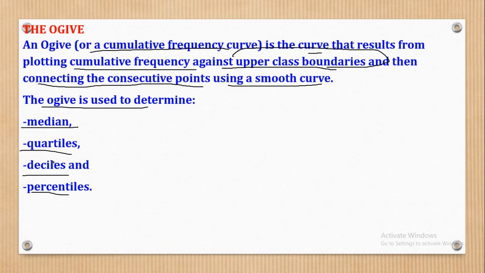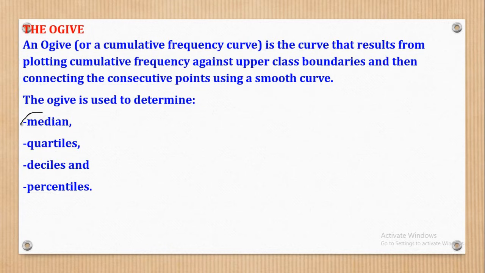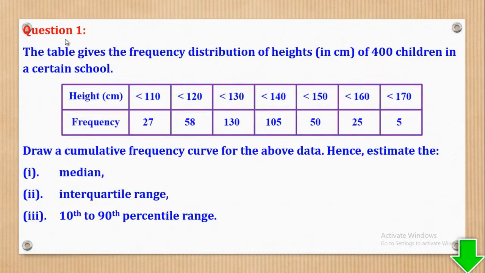So far we have seen how to get these using the calculation method, but sometimes they can tell you to draw an OGIVE and estimate these very values. So that's what we are going to look at under this part of OGIVE. There's nothing more to write.